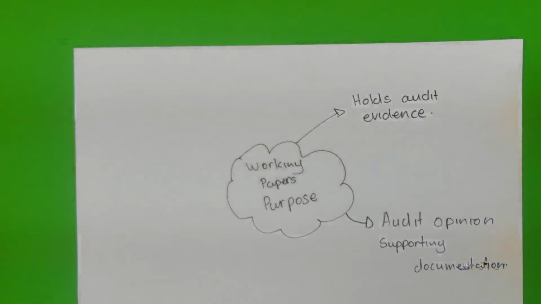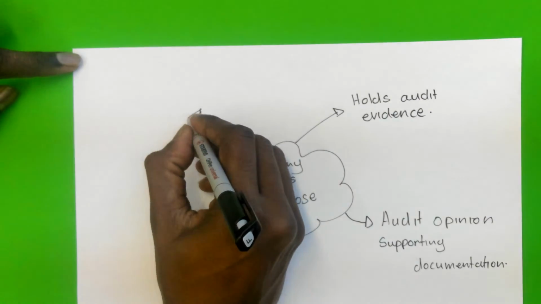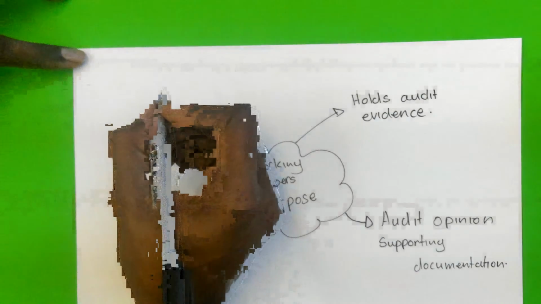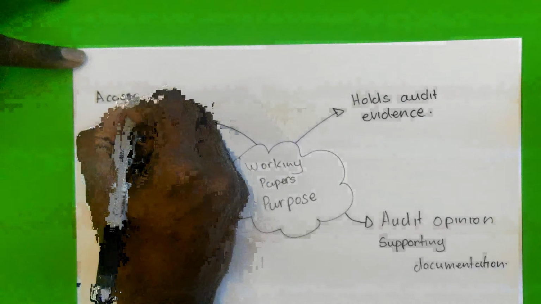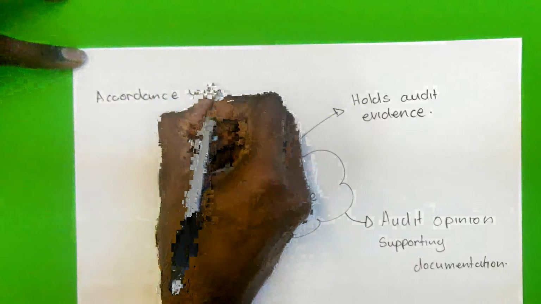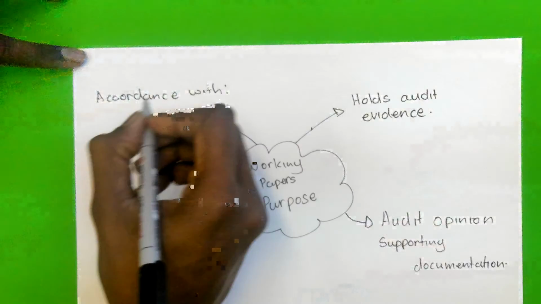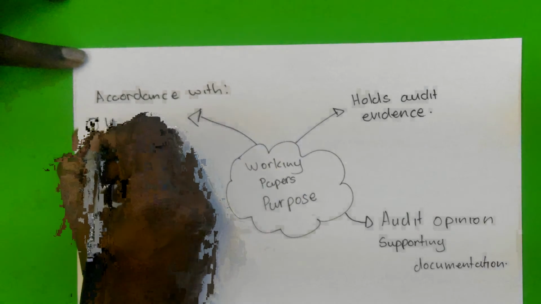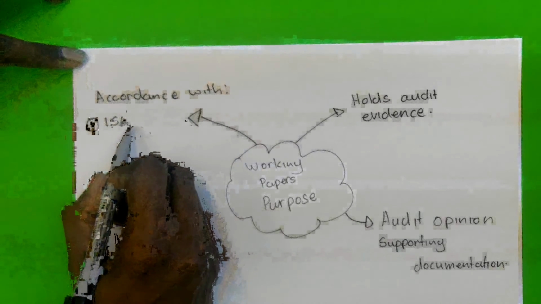The next thing that our audit working paper helps us to do is it ensures that all of our work that's done is in accordance with, and there are always generally three things that we talk about. The first is the international standards for auditing.